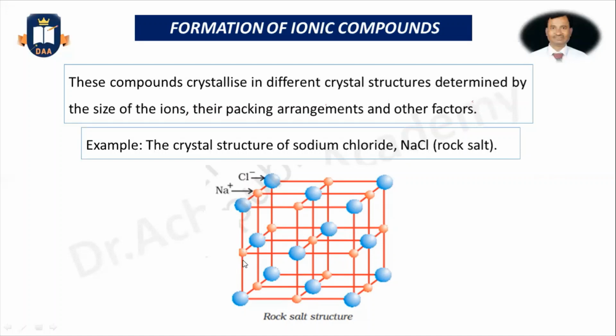Here you can see that it is packed to form the three-dimensional crystal structure. That means this crystal structure depends on the size of the cations and anions, their packing arrangements, and other factors.